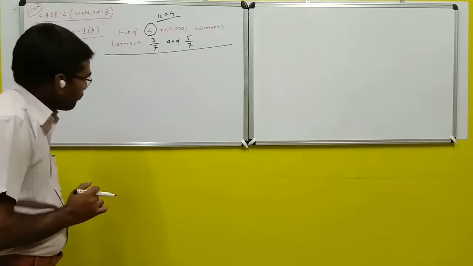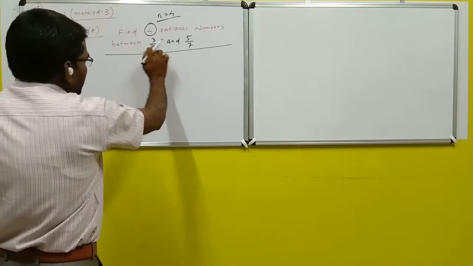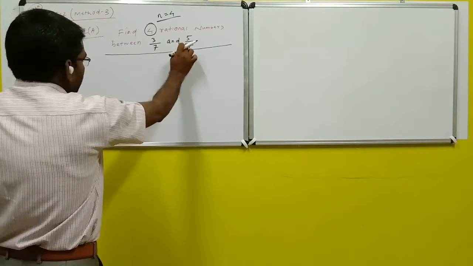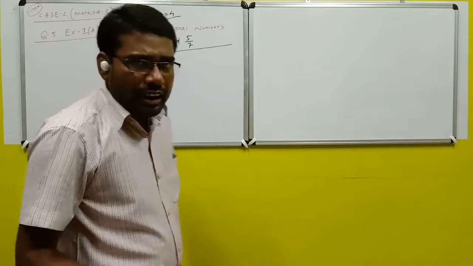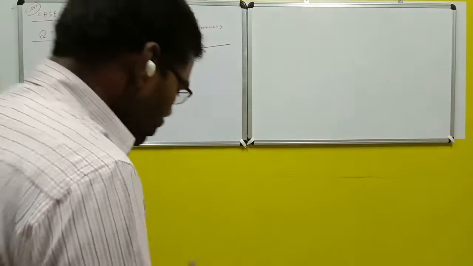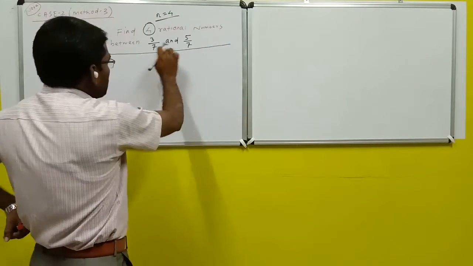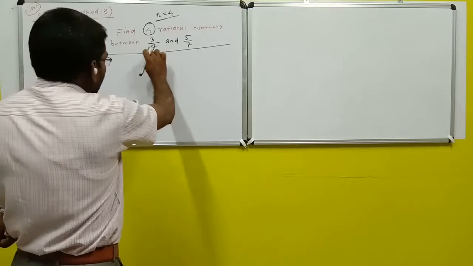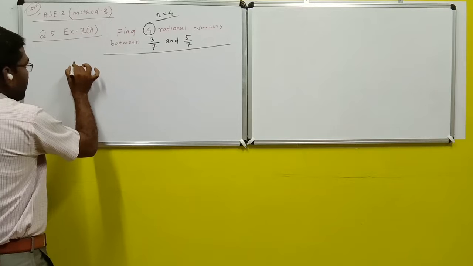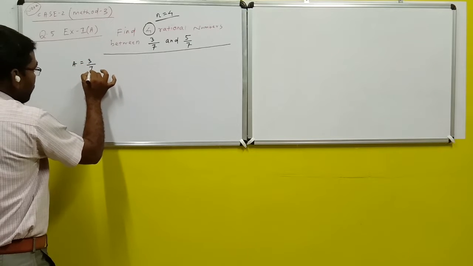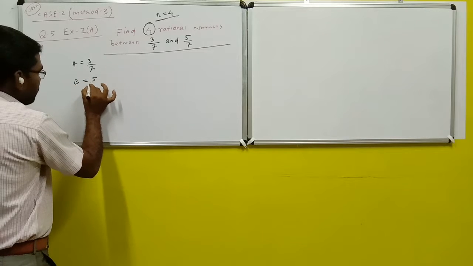Students, mark carefully that these 2 rational numbers are your given rational numbers. Suppose out of these two given rational numbers, the value of a equals 3 by 7 and the value of b equals 5/7.